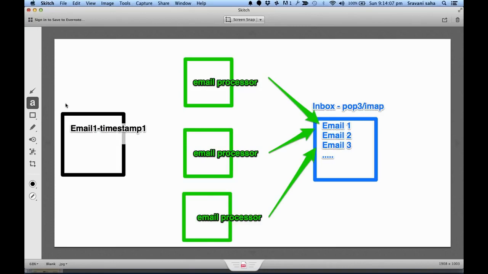Okay. Now, before picking the element, now let's call this whiteboard as under process, right?